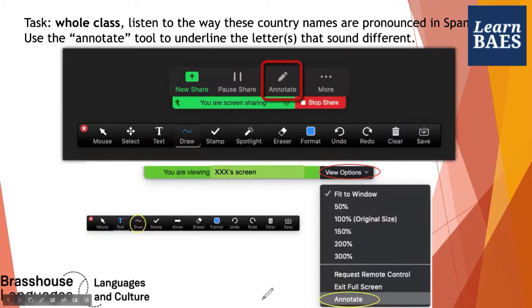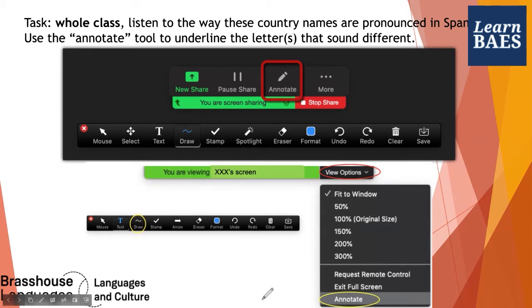And this is something we're not going to be able to do with the Annotate tool on Zoom today, okay? So we'll have to just look at how each of these country names that I'm going to present to you are written, and you probably will have to tell me orally in which letter you think the difference is.